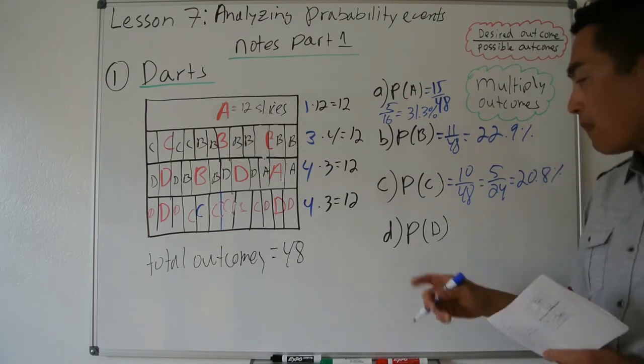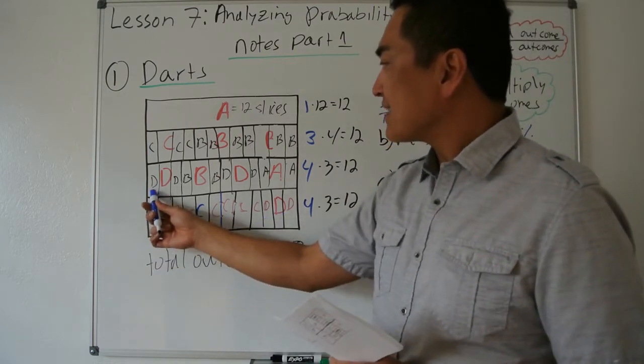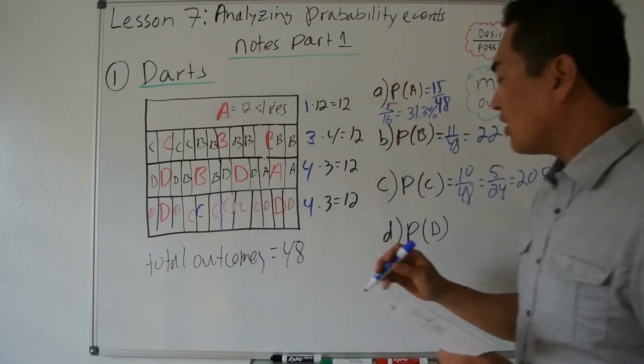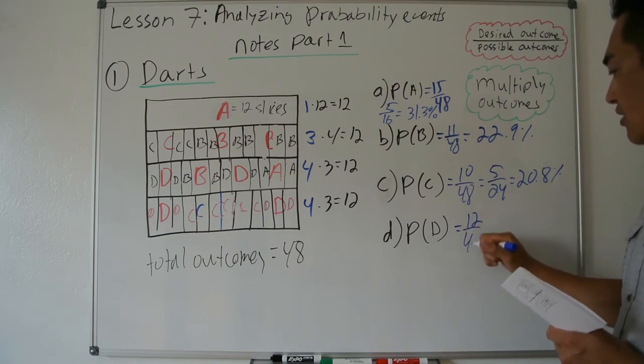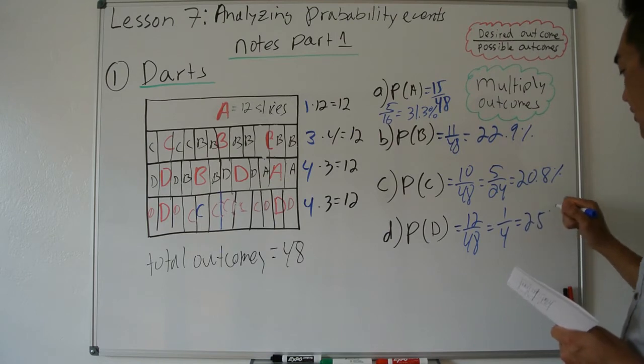Alright, the last one. For D, we have 1, 2, 3, 4, 5, 6, 7, 8, 9, 10, 11, 12. So that's 12. I also got 12 over, so perfect. So 12 over 48. That's 1/4, and that's 25%.